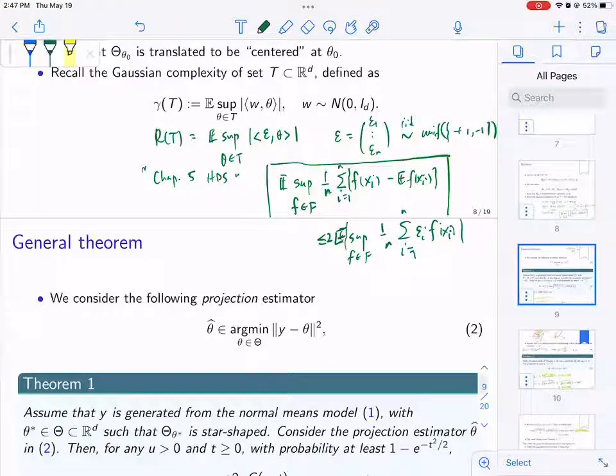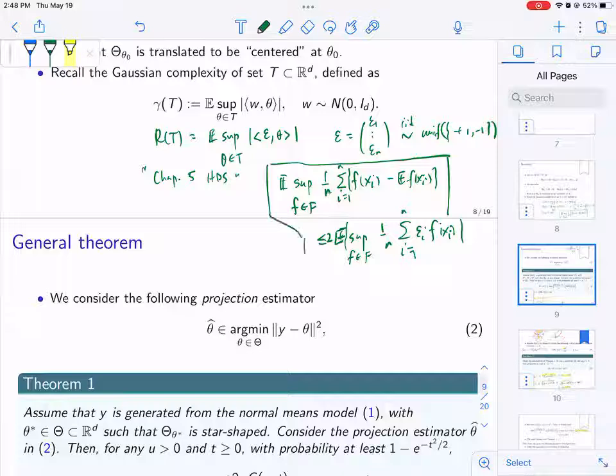You can see the connection to the Rademacher business. So this gets rid of the expectation here, and symmetrizes these deviations. If I fix X_i's, as f varies in the class F, this varies in R^n. So this is like the set T. So Rademacher complexity naturally comes in here.